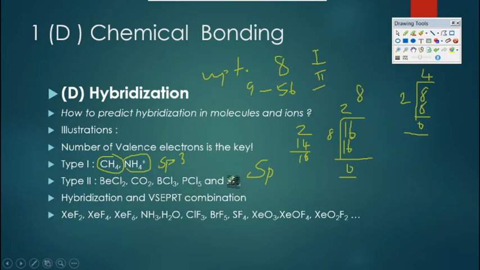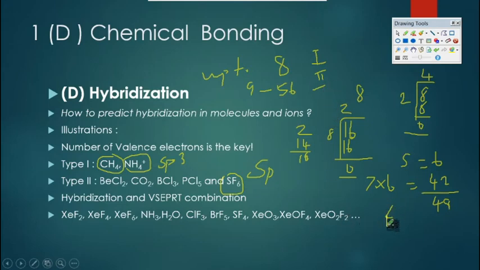Now randomly we can select SF6. Sulfur valence electron 6 and 6 fluorine. Each fluorine has 7 valence electrons. There are 6 fluorine atoms. So 6 into 7, 42. So total valence electrons 48. Type 2.